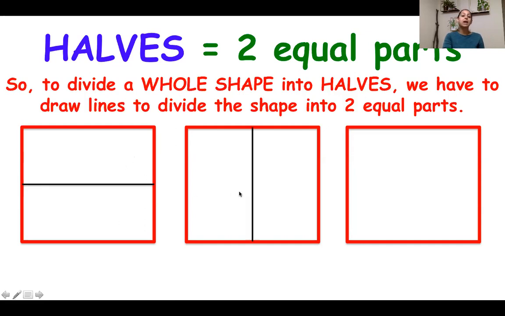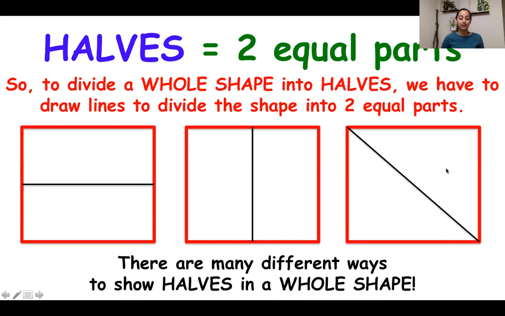I can make an up and down or vertical line, which also makes 2 equal parts or 2 halves. Or I can make a diagonal line, because if I make a diagonal line, I also get 2 equal parts that are the same shape and the same size. I also get 2 halves. So as you can see, there are many different ways to show halves inside of a whole shape.